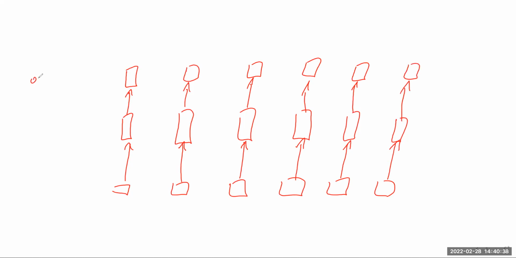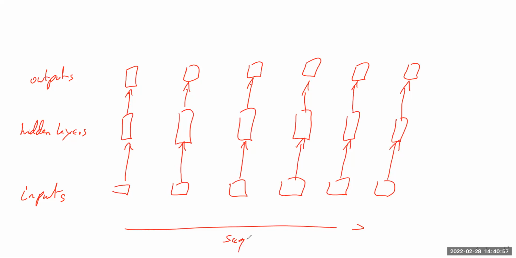So we can say these are the outputs, and these are the inputs, and these are the hidden layers because they're neural nets, right? Like that. And then you would create this model, and this is a sequence. So for instance, text, the cat is sleeping, something like that.